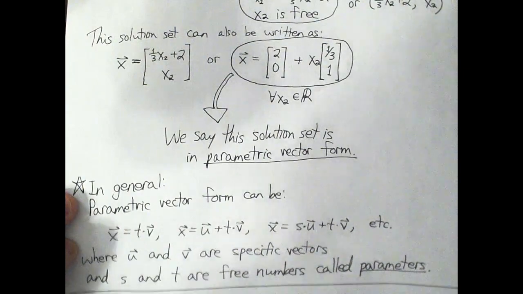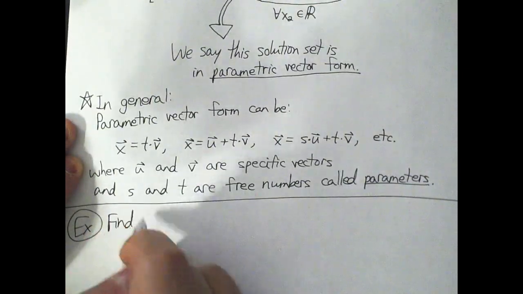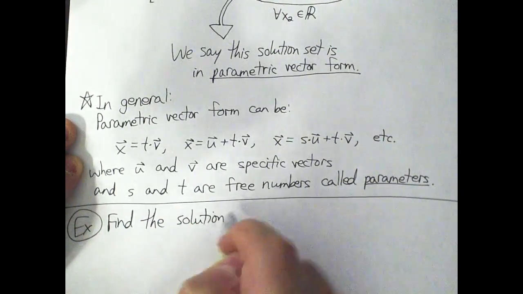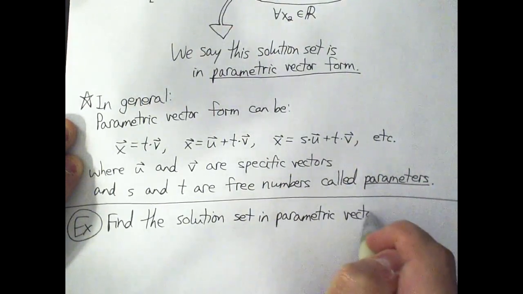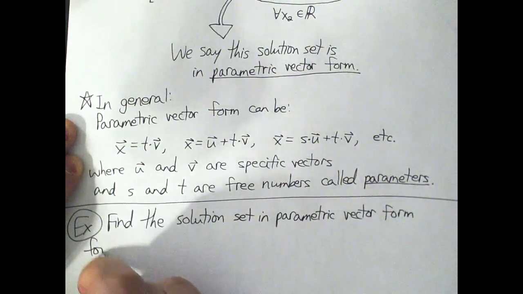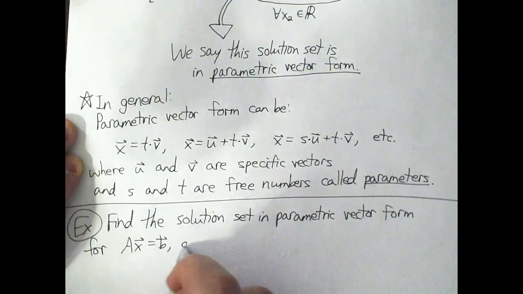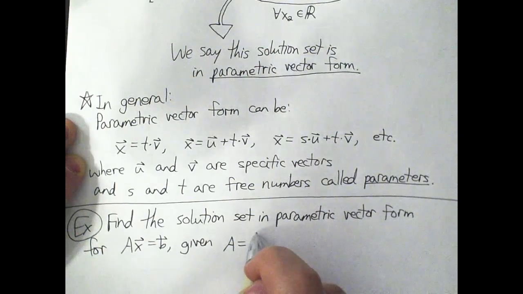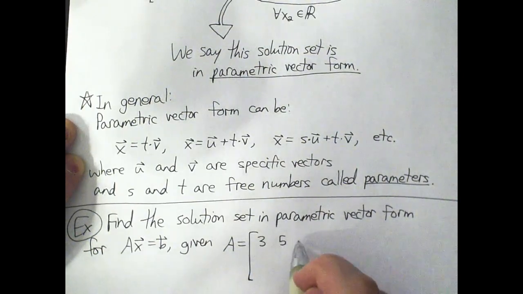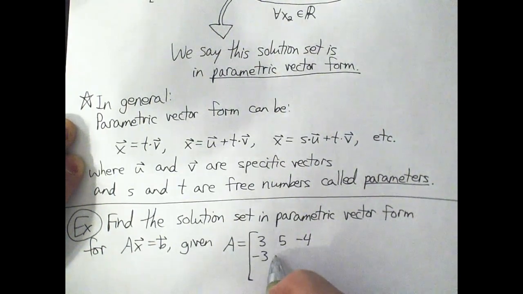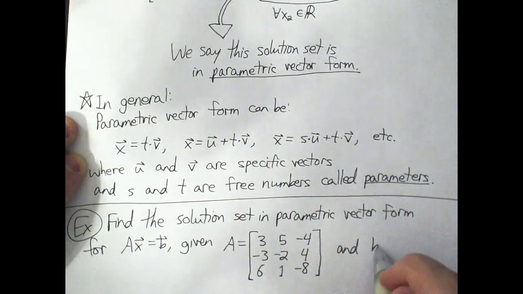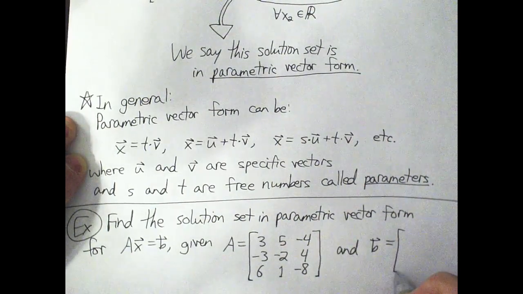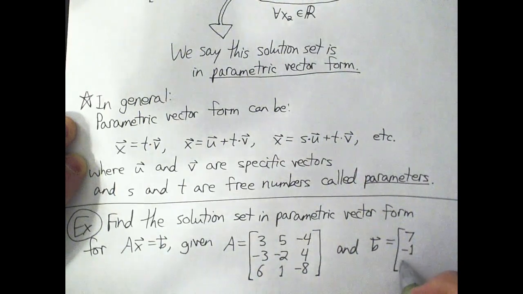So, example: I'm going to ask you to find the solution set in parametric vector form for Ax = b, given A equals the matrix with rows 3, 5, -4; -3, -2, 4; 6, 1, -8, and b equals the vector 7, -1, -4.